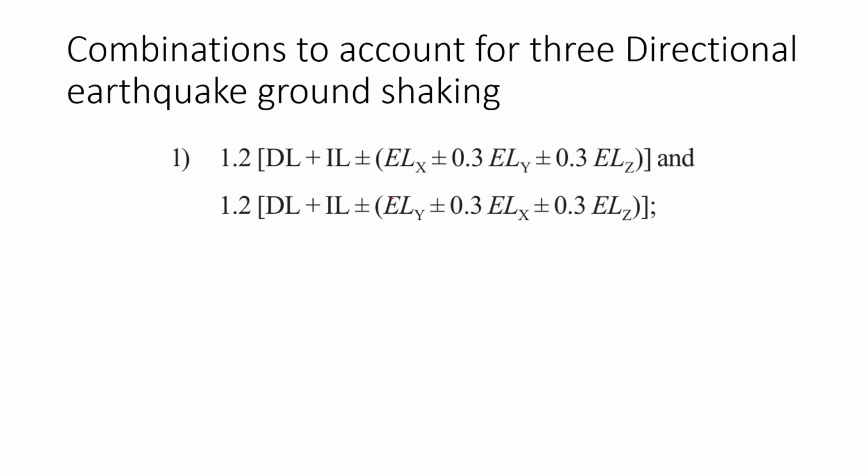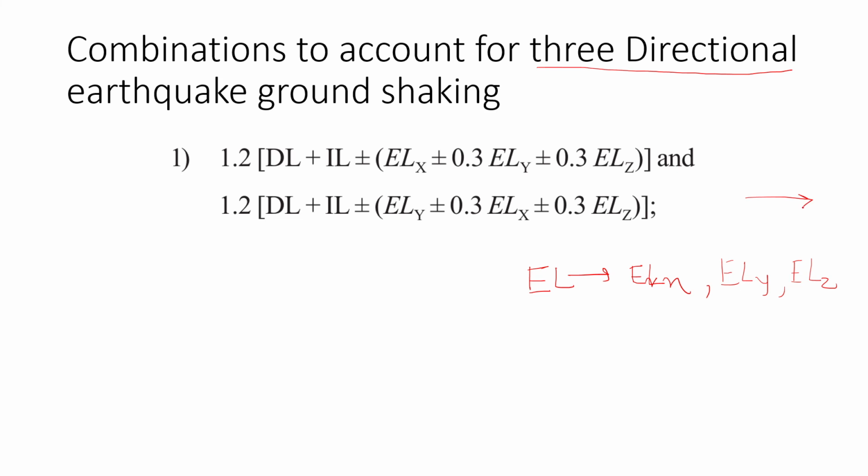Now again there are three combinations if we are considering three directions. In the previous three cases, if you see, in earthquake load I have written earthquake load in x direction and earthquake load in y direction, but in the third there will be earthquake load in z direction.